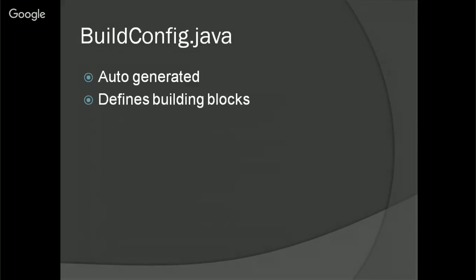It is given the name build config in Android Studio's latest version and some other config.java in the previous versions of Android Studio. It defines the building blocks. It means that it initializes the UI or other configuration file of your application or of your project inside the Android Studio.